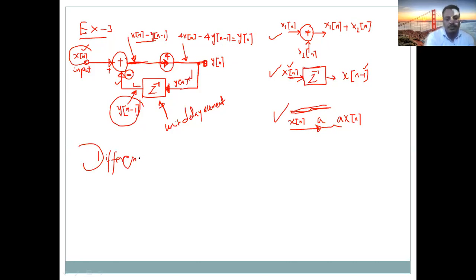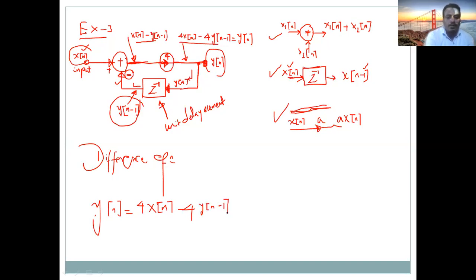The difference equation is: y of n is equal to 4 x of n minus 4 y of n minus 1.